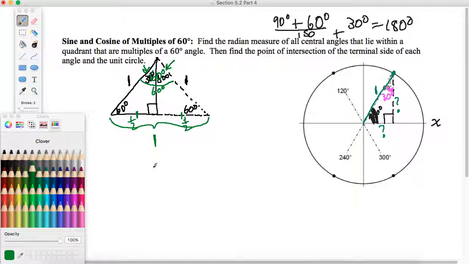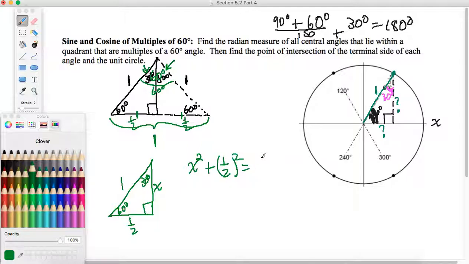And so what I have right now is a 30, 60, 90 degree triangle, which I have here, with this side length as 1 and this side length as 1/2. I can use the Pythagorean Theorem to help me get the other side. The Pythagorean Theorem says, square the legs, add them up. It should equal the hypotenuse squared.